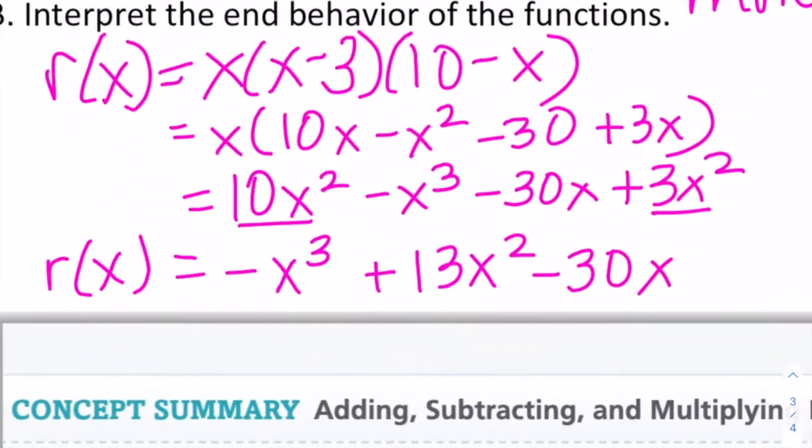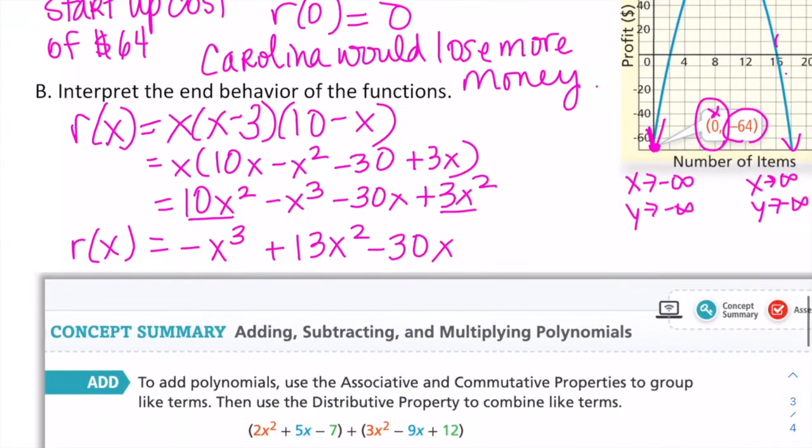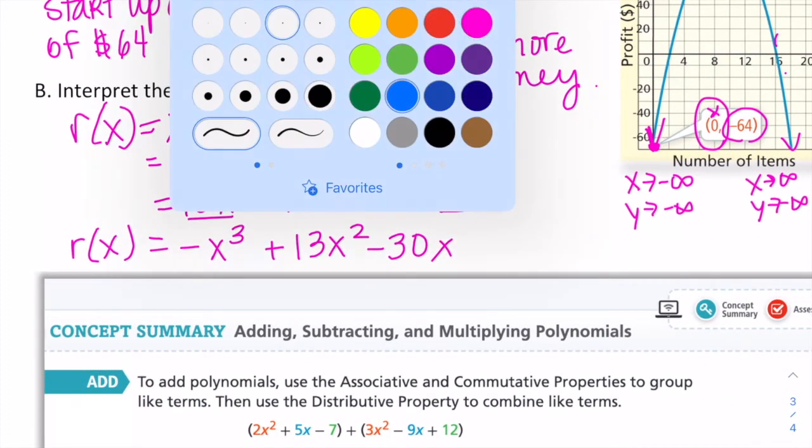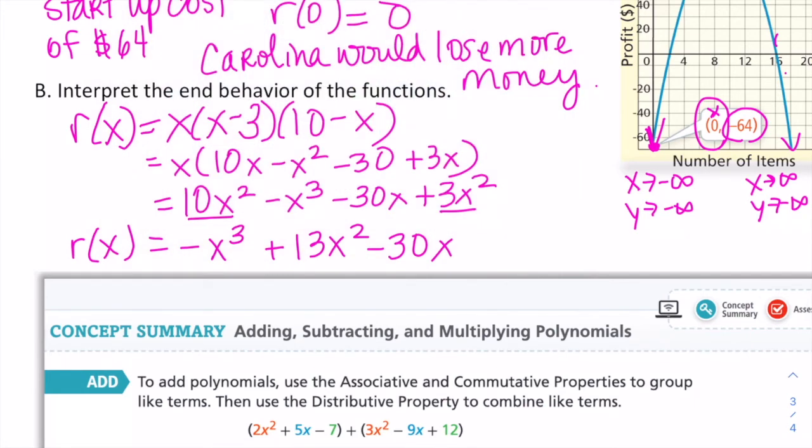Now we know it's a cubic, so his, and I'll write this in a different color, is going to be decreasing. So as x approaches negative infinity, y is approaching positive infinity, and as x is approaching infinity, y is also approaching negative infinity.